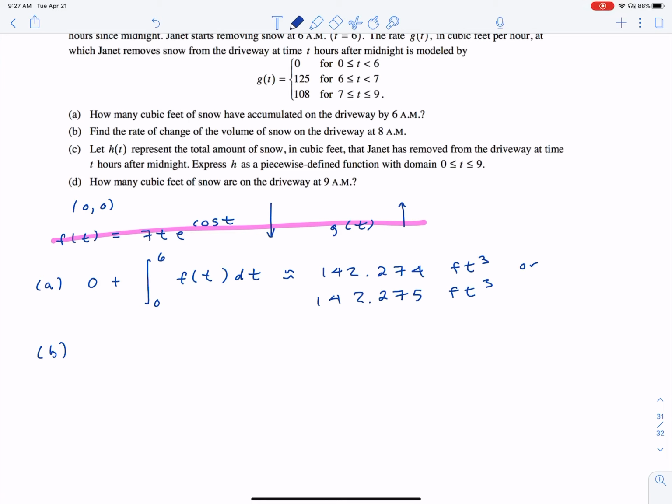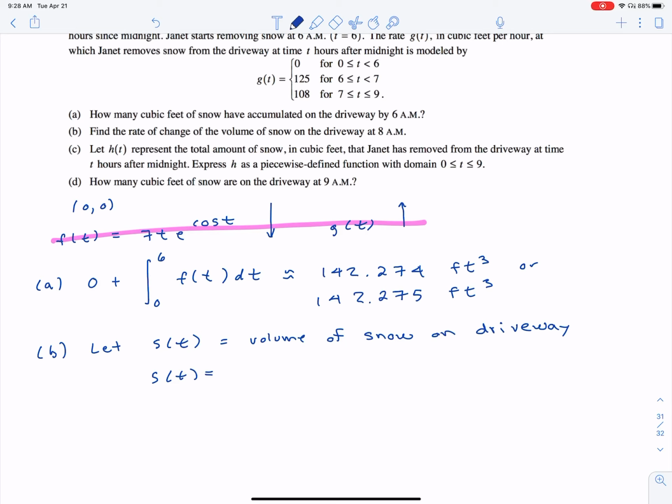So what I'm going to do is create a brand new function just for ease of use. So I'm going to let S of t represent the volume of snow on the driveway. And in terms of our formula, what does S of t equal?